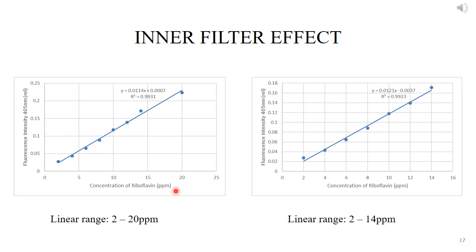In this experiment, the R-squared value without the 20 parts per million solution, which is 0.9923, is actually farther from 1 than the R-squared value with the 20 parts per million solution, which is 0.9931. So the 20 parts per million solution data is kept inside the calibration curve.